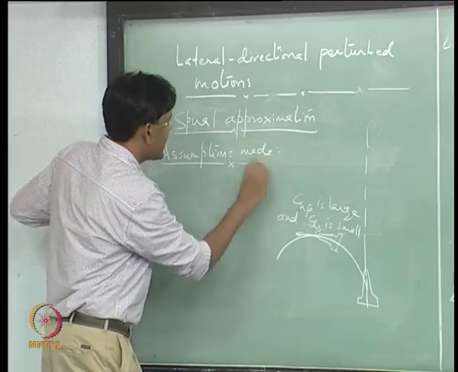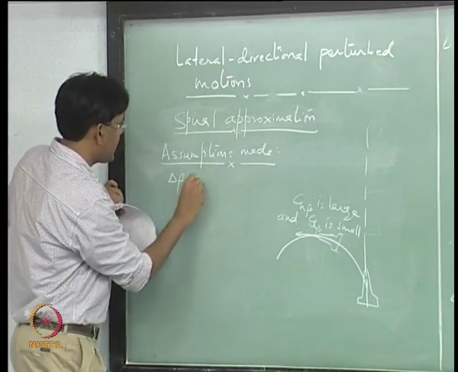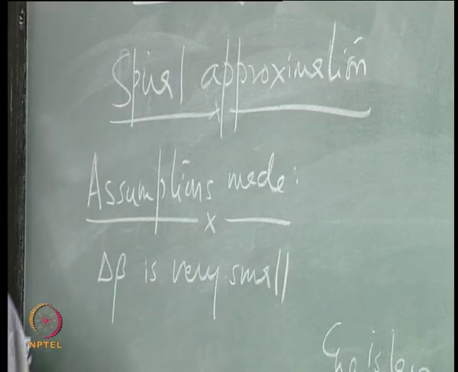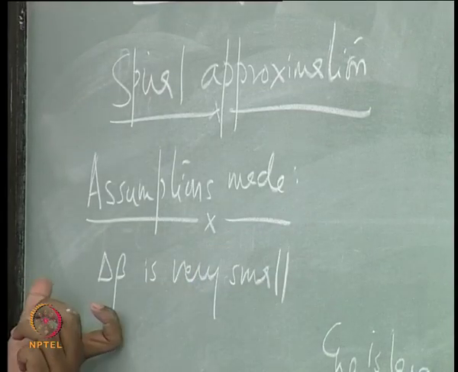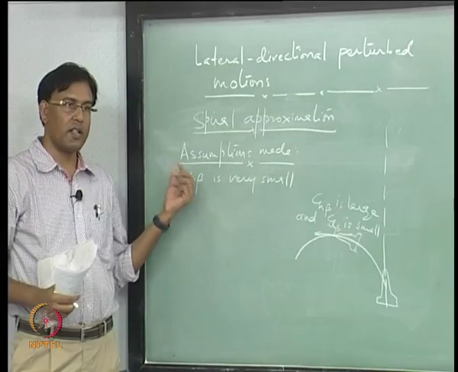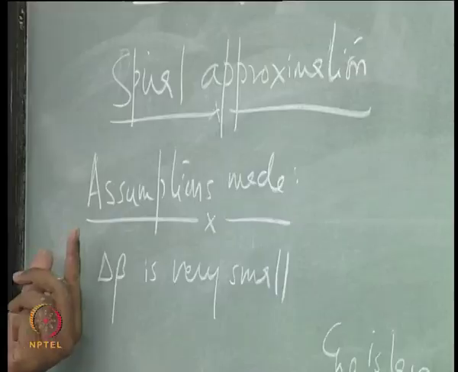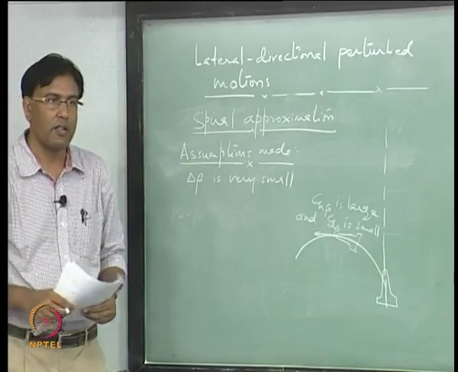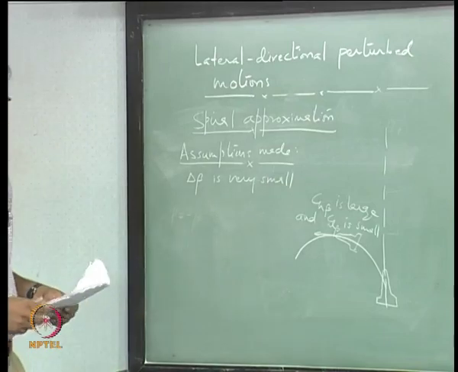So, assumption made here is that delta beta is very small, even though this is the main reason why we are getting this motion. This is a small quantity because it is getting killed due to this large stiffness in yaw, right.